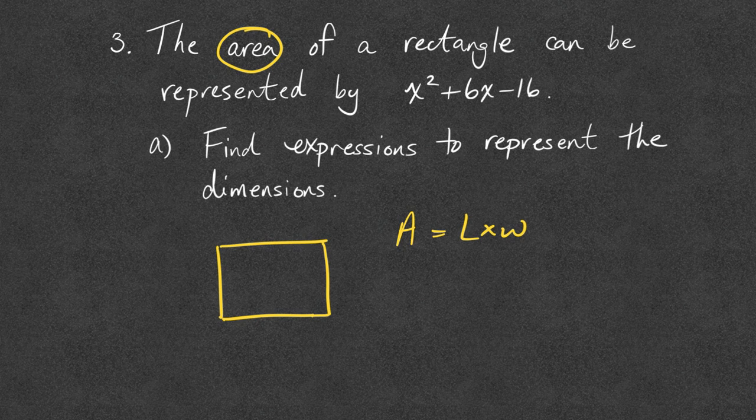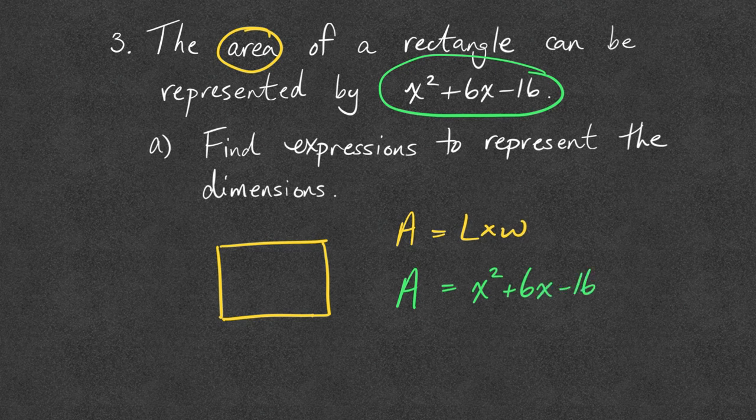So if I need to find expressions to represent that, and the area of that rectangle is that, then what I really want to do is take that area and write it as something times something.